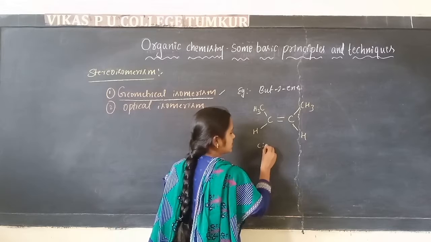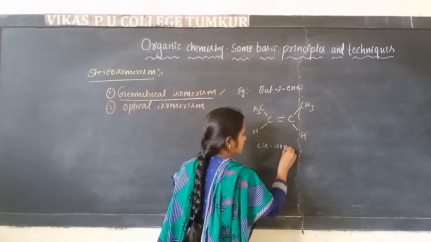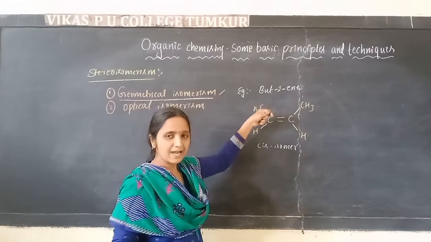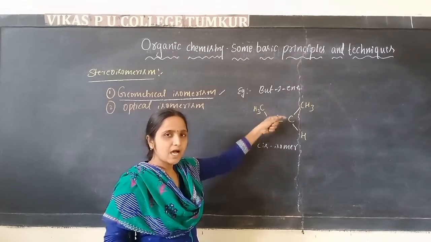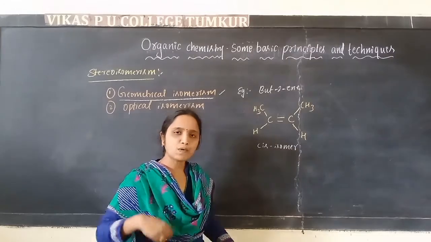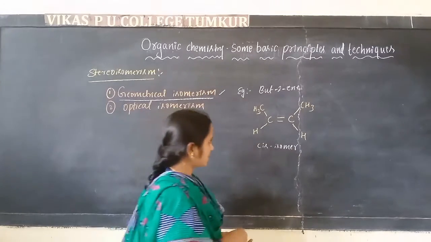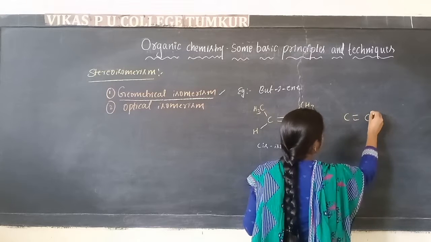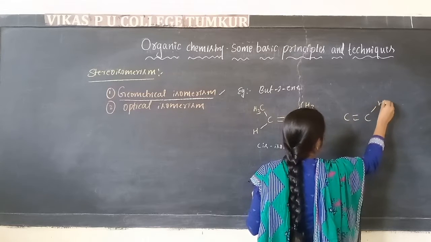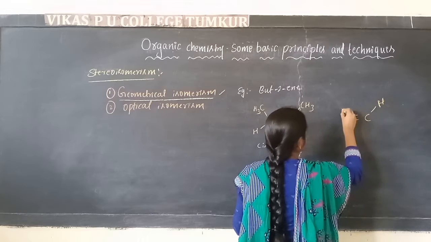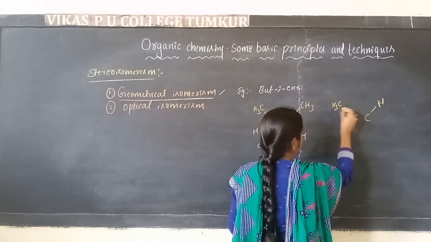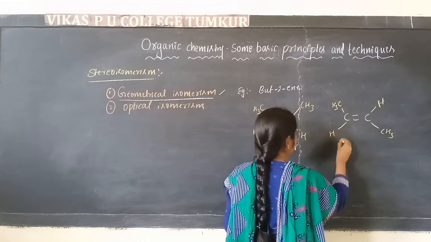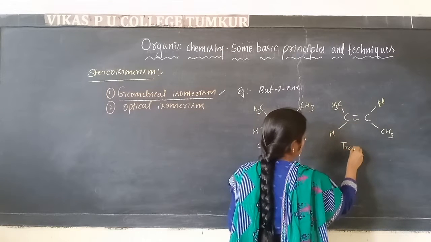If the identical groups are arranged in opposite directions, we call that a trans isomer. I will write that: a C=C double bond, then hydrogen, CH3, here CH3, then here H. This we call a trans isomer.